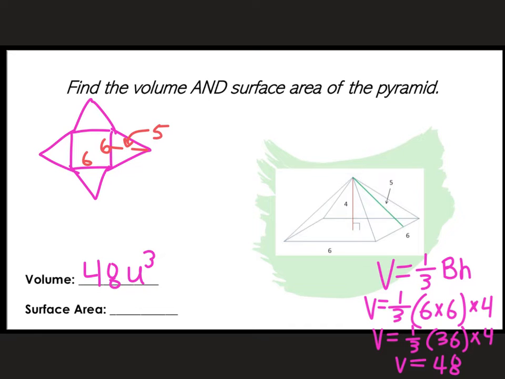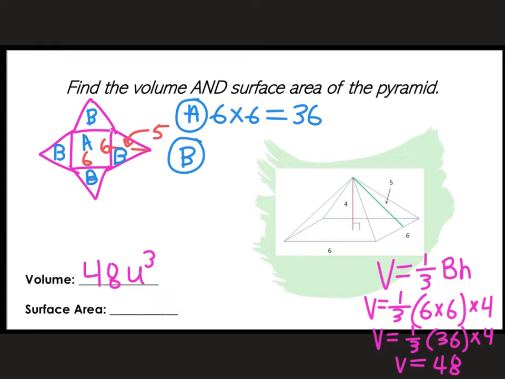So we have one shape A. Let's make that our square right in the middle. And then all of our triangles are the same, so they can each be shape B. Area of shape A would just be base times height. So 6 times 6 to get 36. Shape B, those are our triangles. Our base was 6, our height was 5, but divide by 2 since it's a triangle. 6 times 5 is 30.